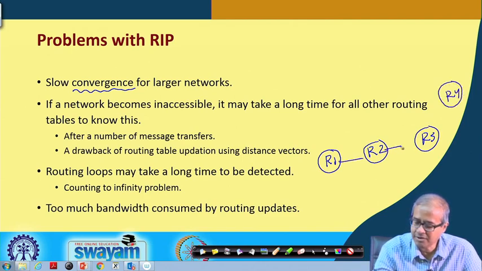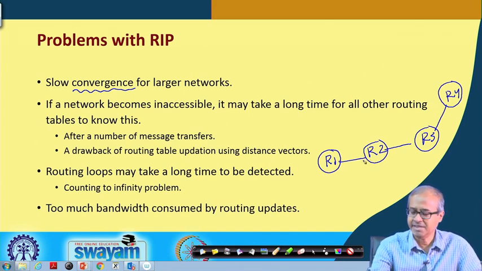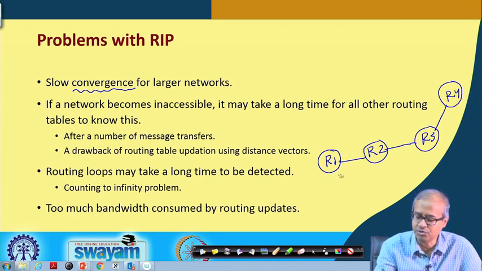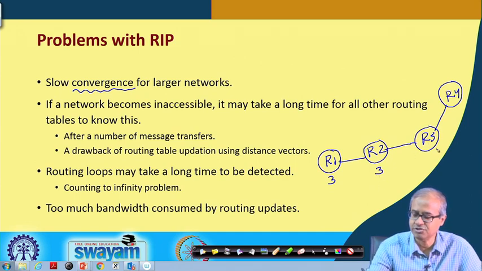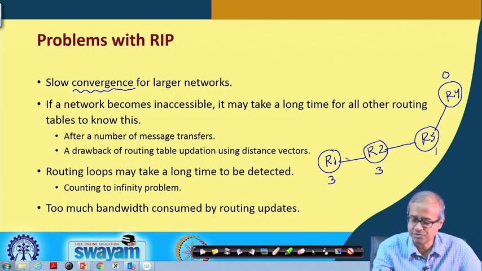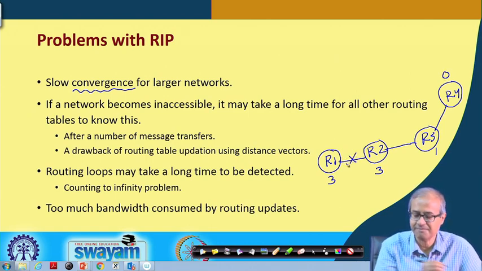R1, R2, this is the connection. Now, I am thinking about the distance to R4. R1 knows that R4 is 3 hops away, R2 knows R4 is 3 hops away, R3 knows R4 is 1 hop away, and R4 is 0 hops from itself. Now, suppose this link has failed.